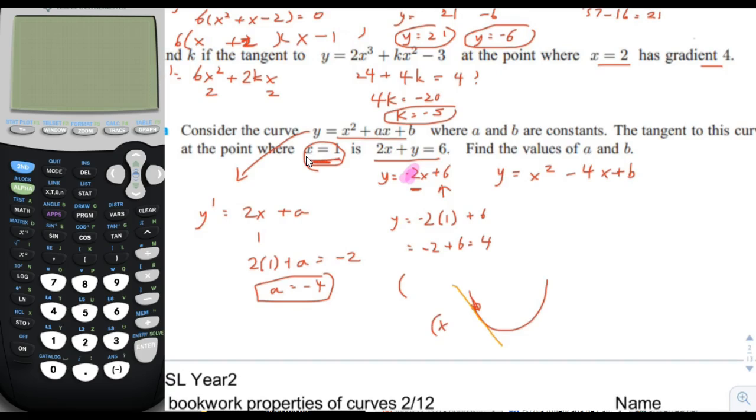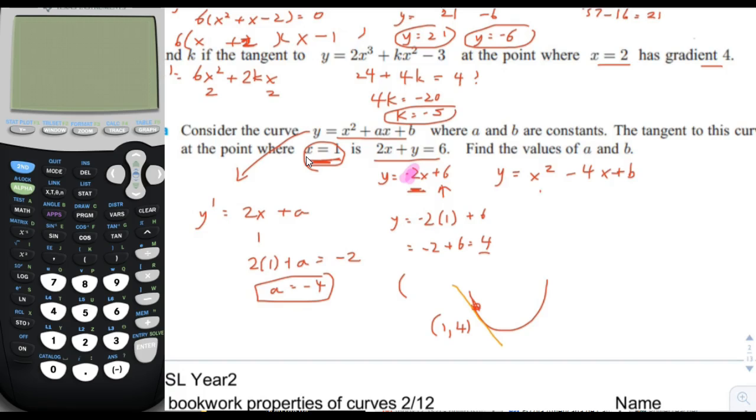One of the coordinates is x equals 1, and the y coordinate we just found out by putting it into this line equation that it's 4. So it's 1 comma 4 is the point, okay?